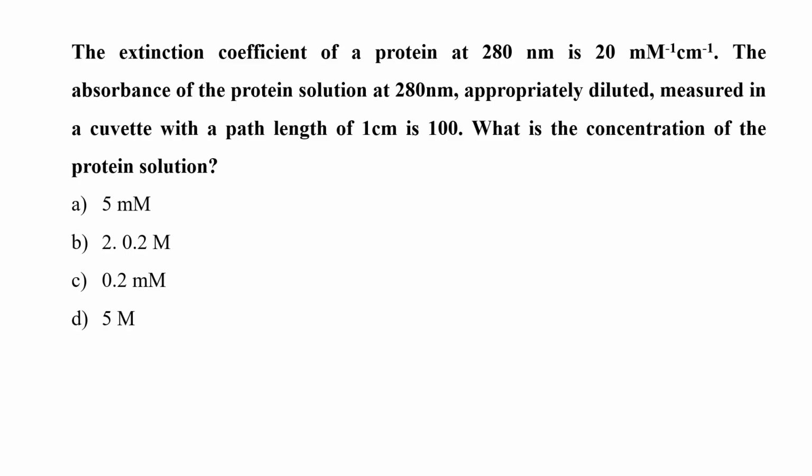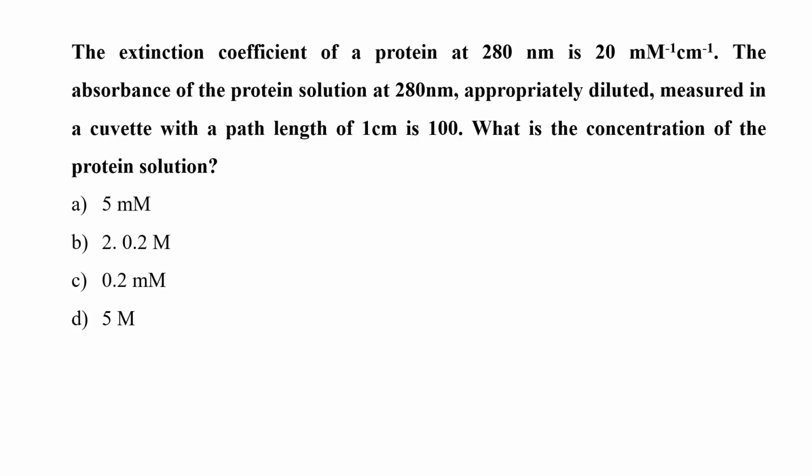The extinction coefficient of a protein at 280 nanometer is 20 millimolar per centimeter. The absorbance of the protein solution at 280 nanometer, appropriately diluted, measured in a cuvette with a path length of 1 centimeter is 100. What is the concentration of the protein solution?